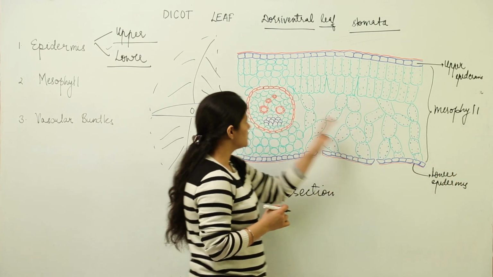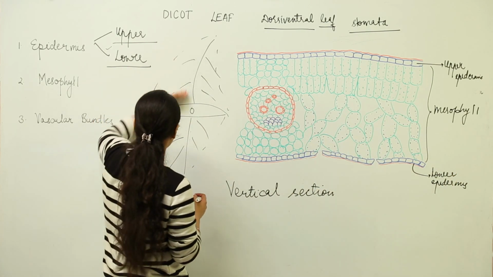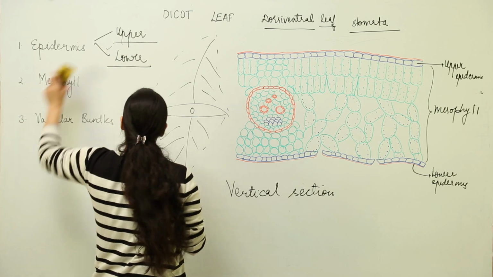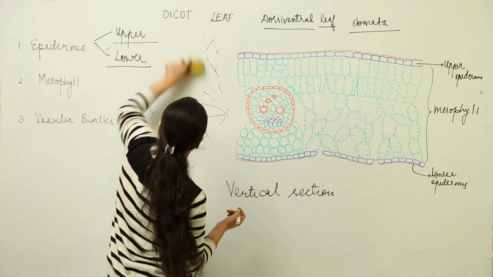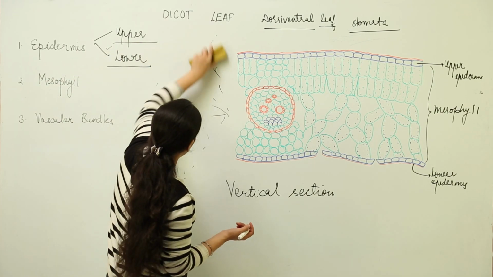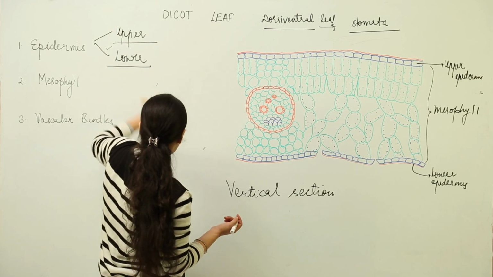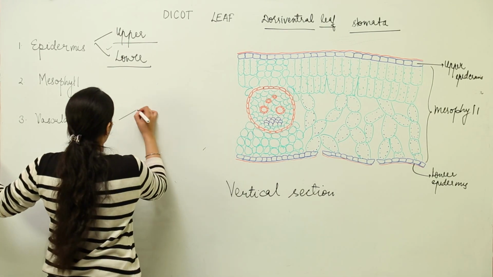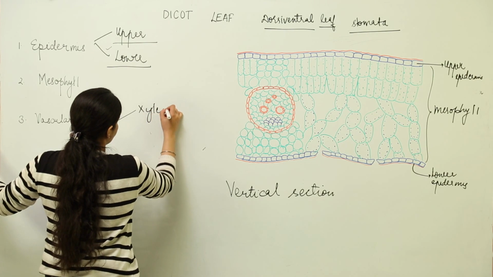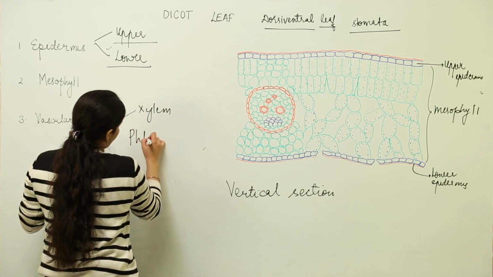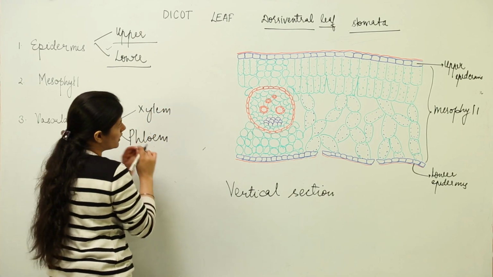Moving further, what we have next is the vascular bundles. So the vascular bundles would of course be xylem and phloem, and where they are located, let us see. Xylem and phloem.